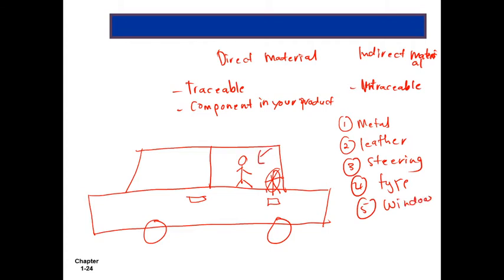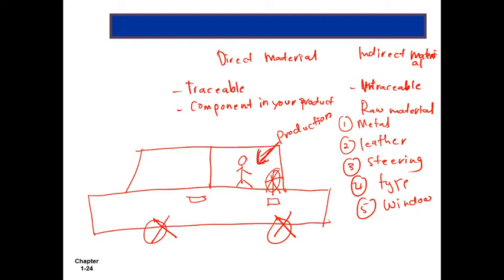This man is not included in production. Otherwise, we would need so many people in the production. Okay, this is your raw material. This is what we call raw material. And it's traceable, of course. And if the car doesn't have a tire, then it's not a car.